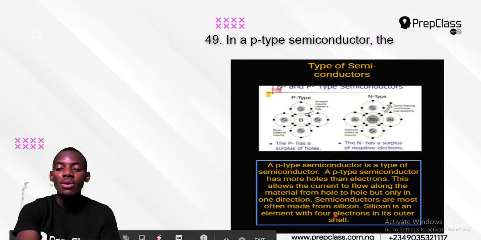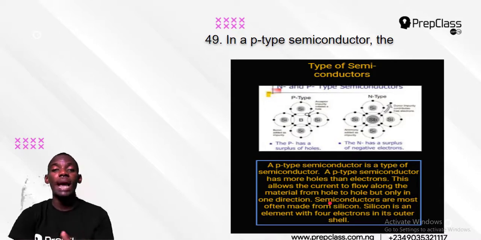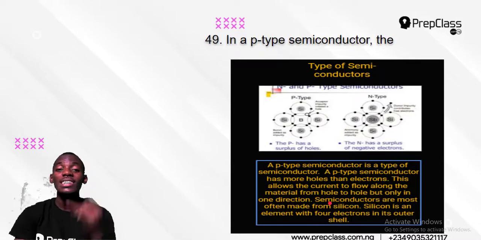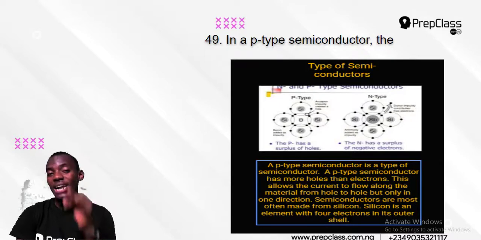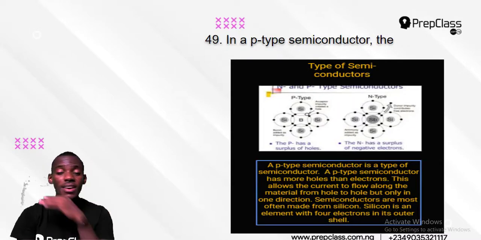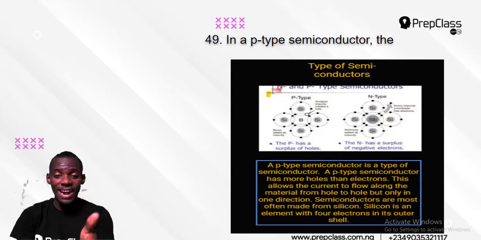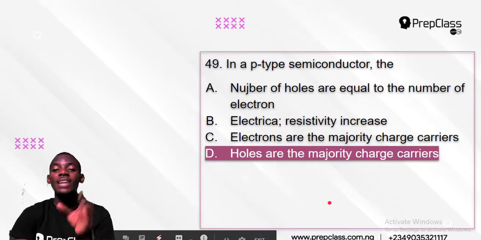Silicon is an element with 4 electrons in its outer shell. The p-type has aggregates of holes, not electrons, but holes, and like I said, it flows in one direction, and the answer is therefore that the holes are the majority charge carrier.